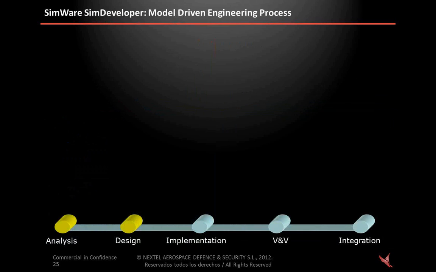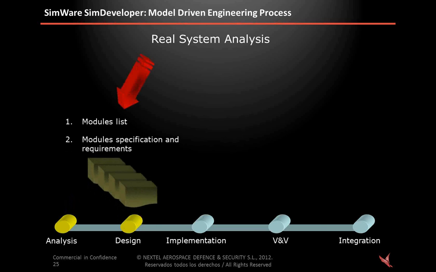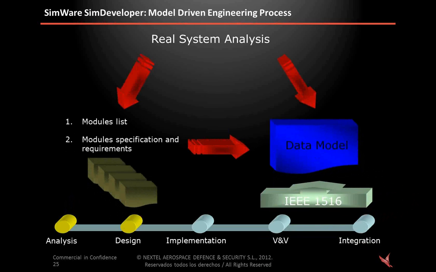And with that, what we are doing is covering the typical V of development that we have in all organizations: the analysis, design, implementation, verification and validation, and integration. So at the beginning, you only have to care about analyzing your real system, deciding the model list, and establishing the data model.